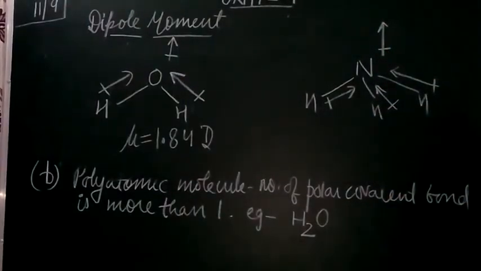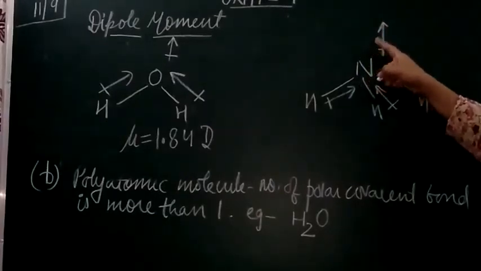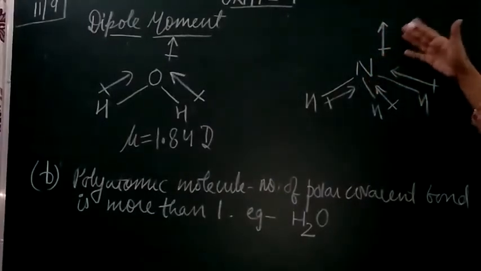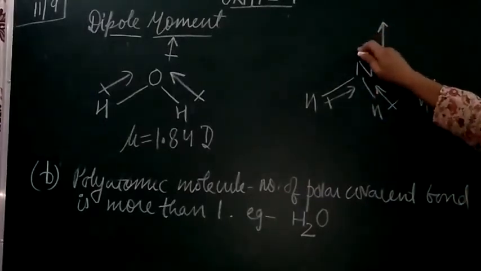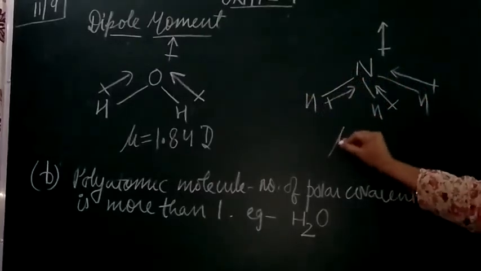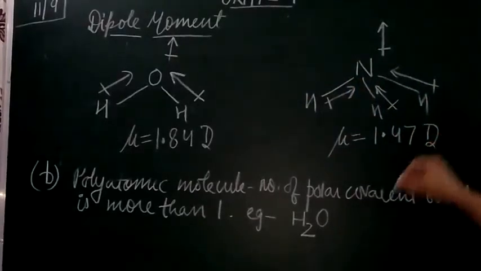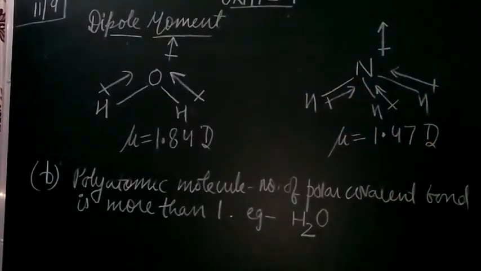Nitrogen also has a lone pair, and that lone pair also contributes toward the dipole moment, so the dipole moment of the lone pair and the resultant dipole moment of the three N-H bonds get added up. The dipole moment of ammonia is 1.47 D. So that is about the dipole moment of polyatomic molecules. We have taken a few cases.